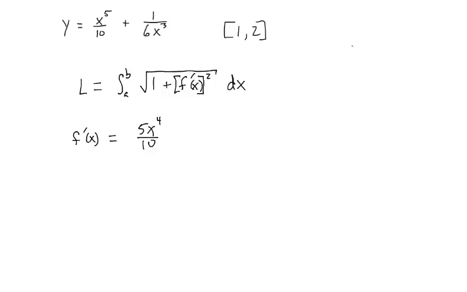And remember, we can rewrite 1 over 6x cubed as 1/6 x to the negative 3. So I have minus 3 over 6 x to the negative fourth.